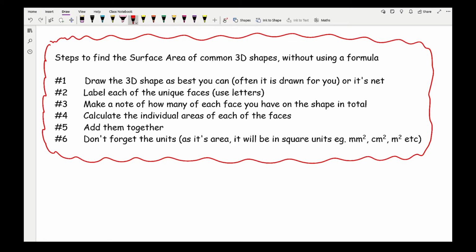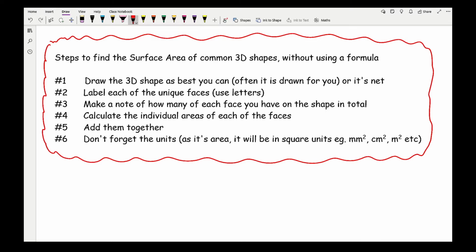So the first step is to draw the 3D shape as best that you can. Often this is pretty much drawn for you, but if you were given a worded question where it says to work out the surface area of a cylinder with radius of 5 centimeters and height of 6, that is pretty much all the information you need. You might find it more beneficial to actually draw the 3D shape, if not its net.